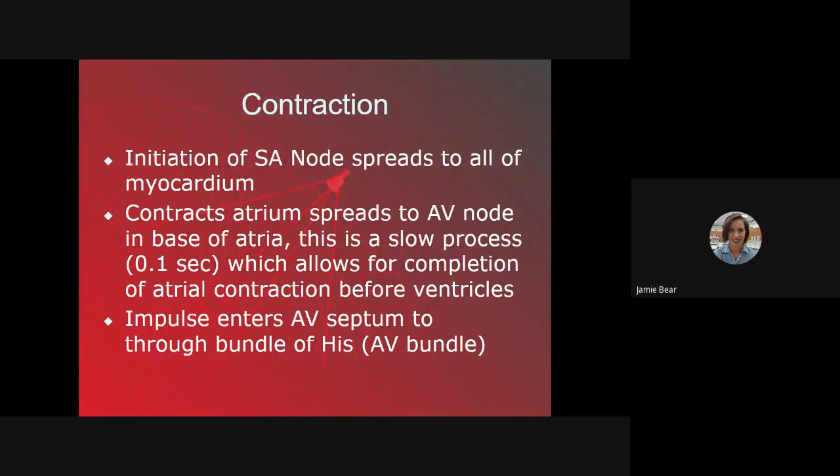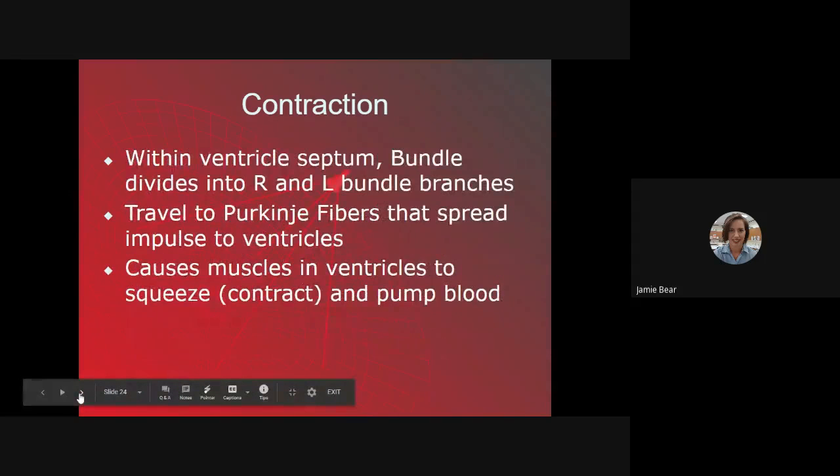So the initiation of the SA node spreads to all of the myocardium. It contracts the atrium, then spreads to the AV node in the base of the atria, which is a slow process, which allows for the completion of the atrial contraction before the ventricles. Then the impulse enters the AV septum through the bundle of His, or the AV bundle.